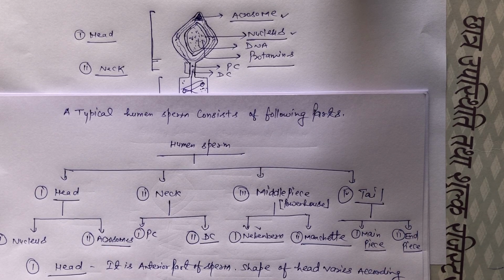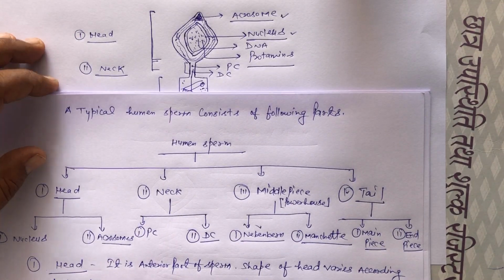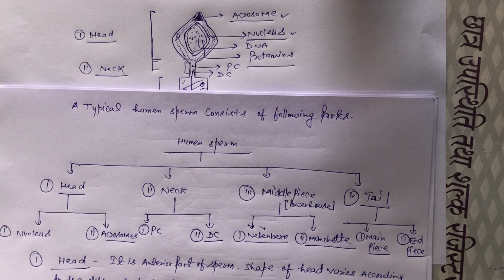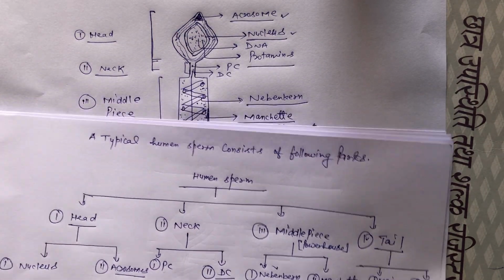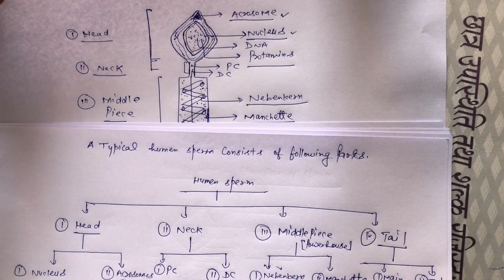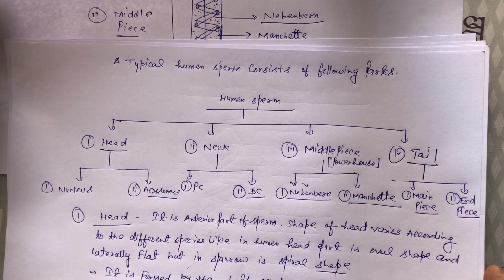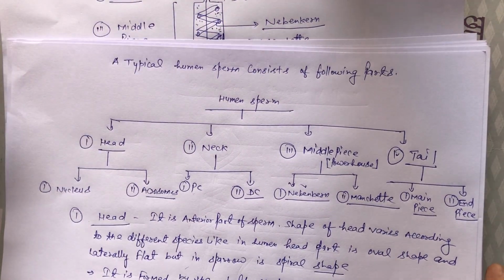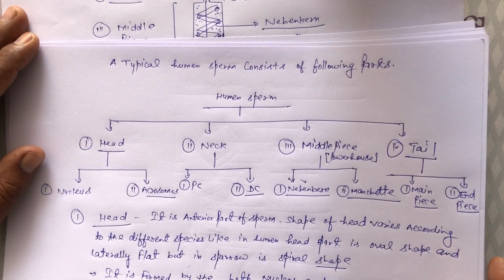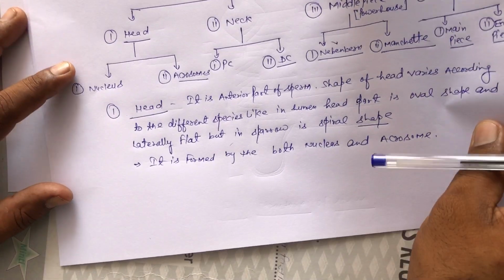In different organisms, the shape of the head part is different. Like in humans, oval shaped and laterally flat, but in sparrow, spiral shaped. The head is formed by both nucleus and acrosome.